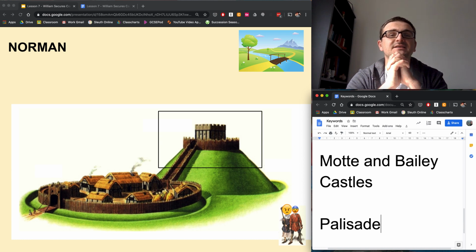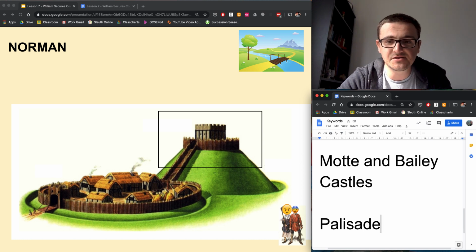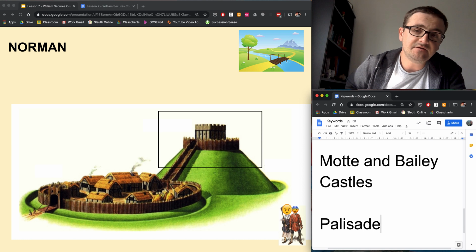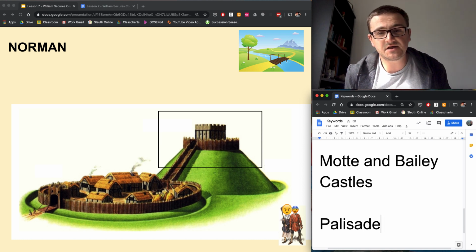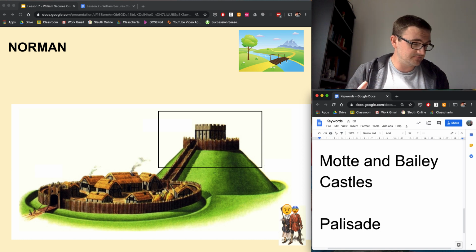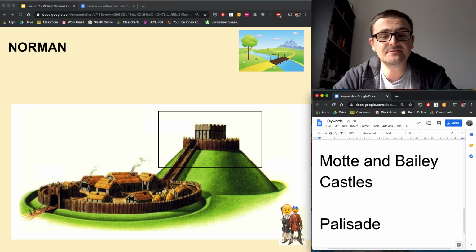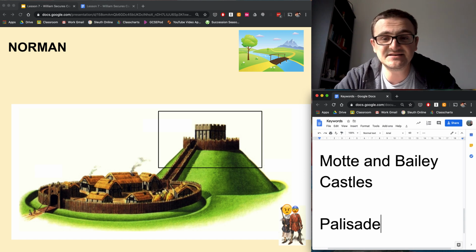They'd also have to get over the wooden fence. Because it was on a hill, the Normans would be able to see anybody going to attack the Motte and Bailey Castle from a distance, because they'd be able to see very, very far away. In fact, many of these mottes, many of these hills, were actually man-made. They'd be constructed out of dirt dug from the ground, and they'd sometimes be up to 5 to 7 metres high.